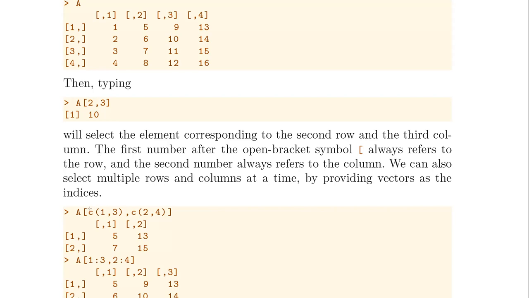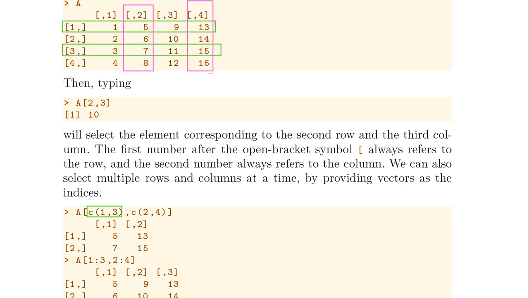So let's see. We're saying rows 1, 3 and columns 2, 4. And where you get overlap, that's going to be your matrix: 5, 7, 13, 15.